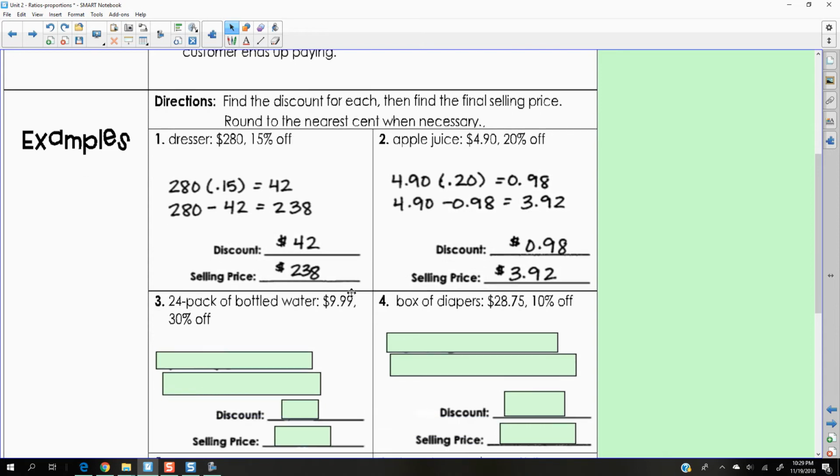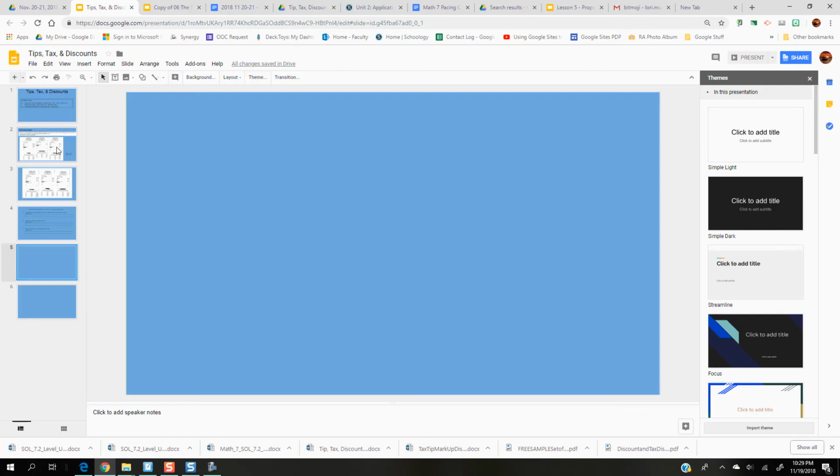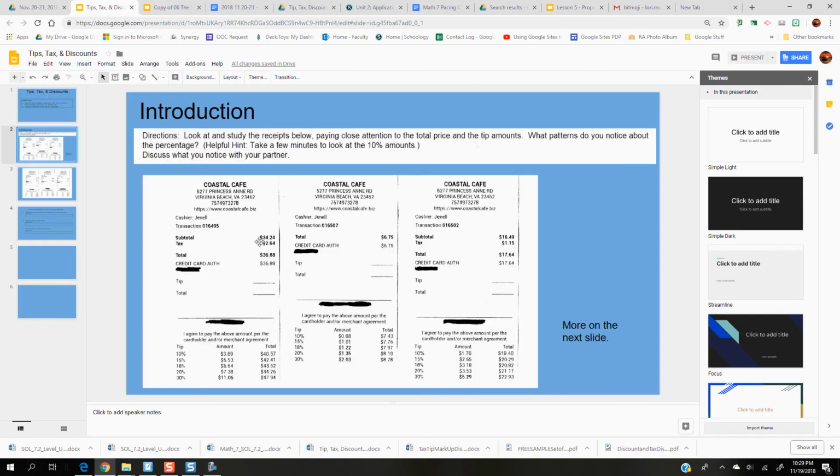Now we're going to jump to number 4, because what I wanted you to notice is that the total of this receipt was $36.88.